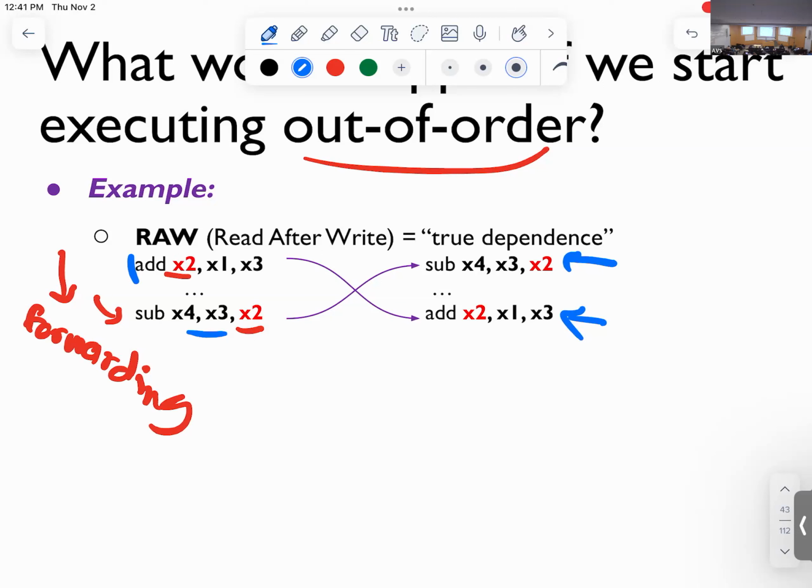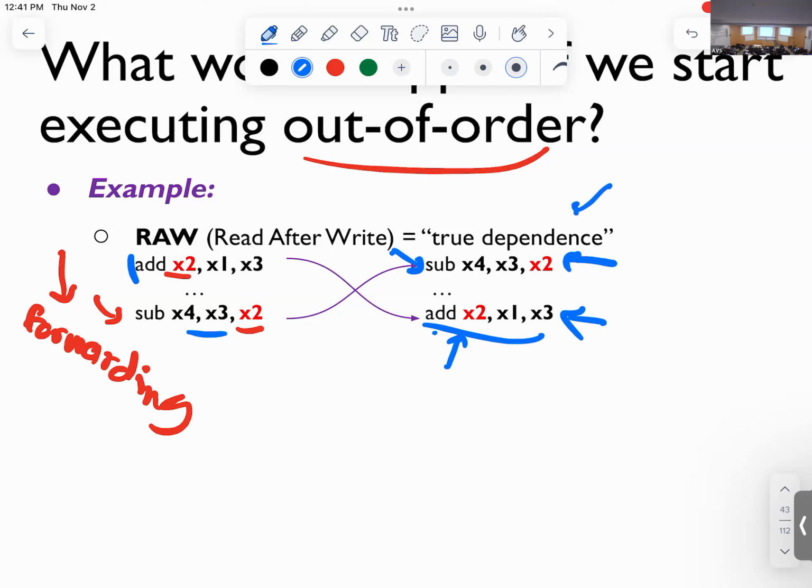Yeah, forwarding wouldn't help because you haven't even started executing add, but you had sub already in your pipeline. All those things that we said about forwarding won't apply here because forwarding only happens if you manage to run this before this, and then you can forward the results back. So there's nothing to forward in out of order execution, okay?